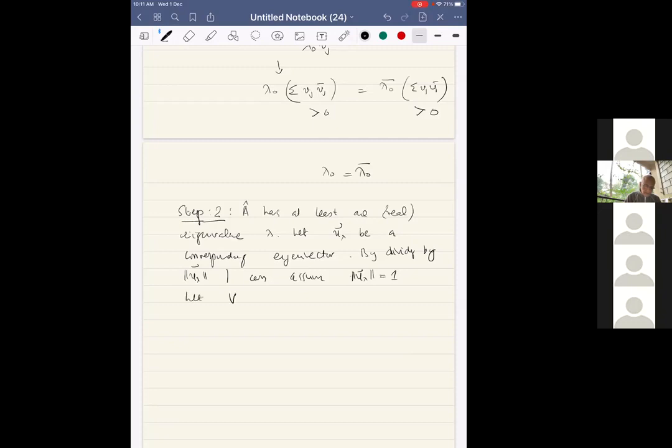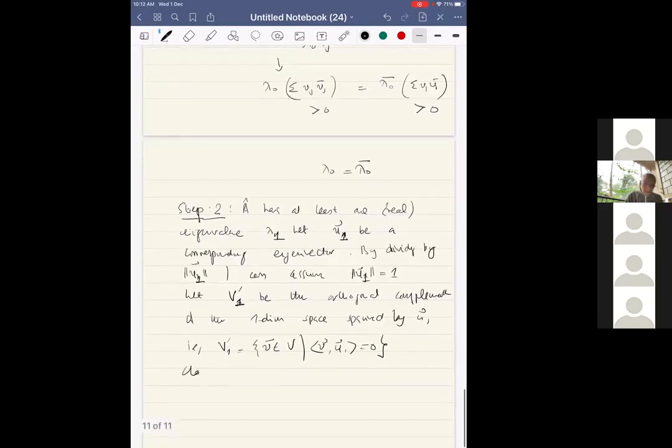Let this be lambda 1, with eigenvector U hat 1. Let V prime 1 be the orthogonal complement of the one-dimensional space spanned by U hat 1, i.e. V prime 1 is the set of v in V such that the inner product of v with U hat 1 is 0.